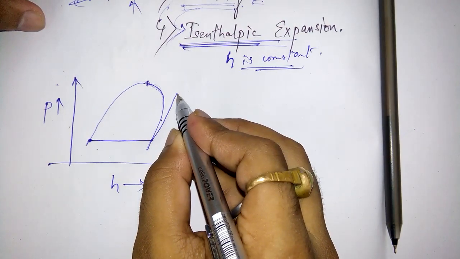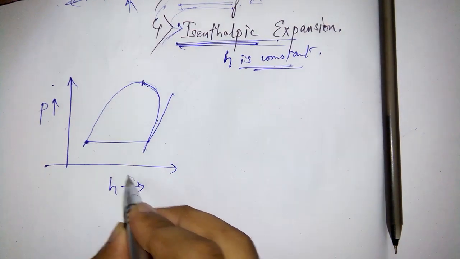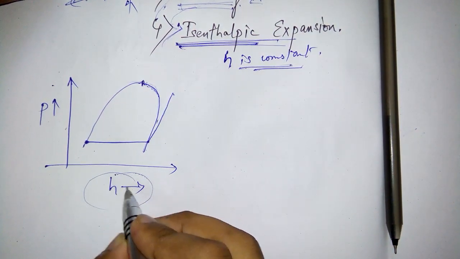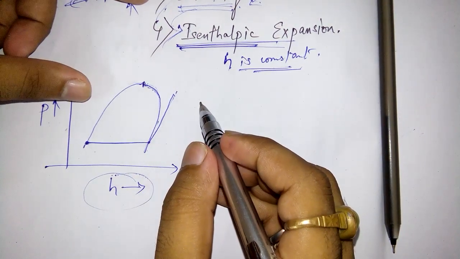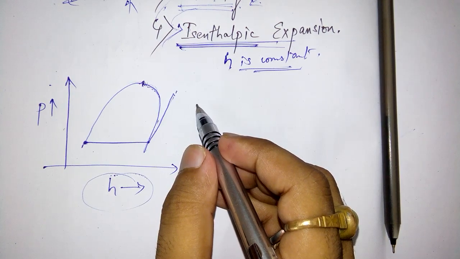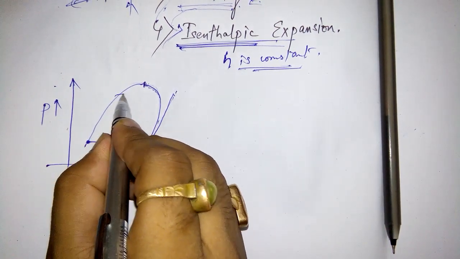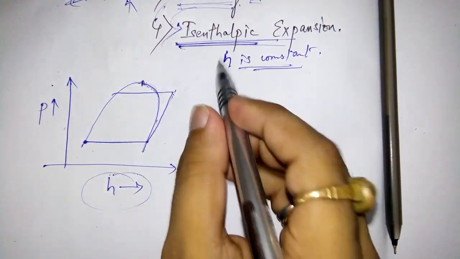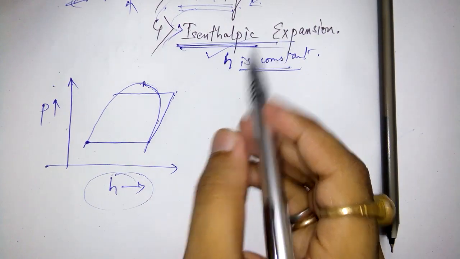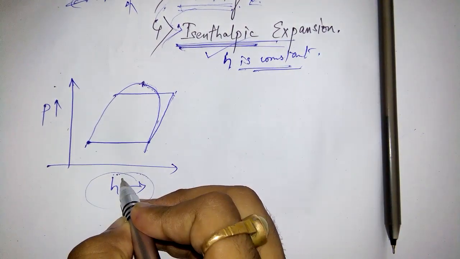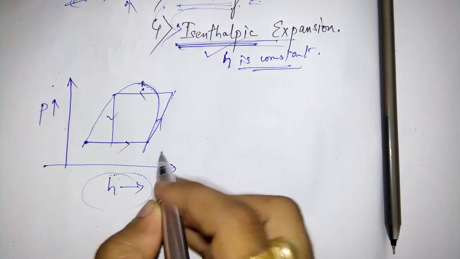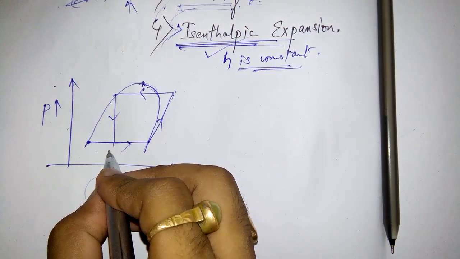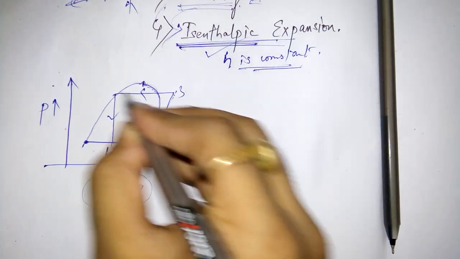This is isentropic, entropy is constant, and this is the graph for enthalpy, so enthalpy is increasing. Now condensing always occurs at constant pressure. Then isenthalpic expansion means H is constant, so the line will be vertical. Let me name these points 1, 2, 3, 4.